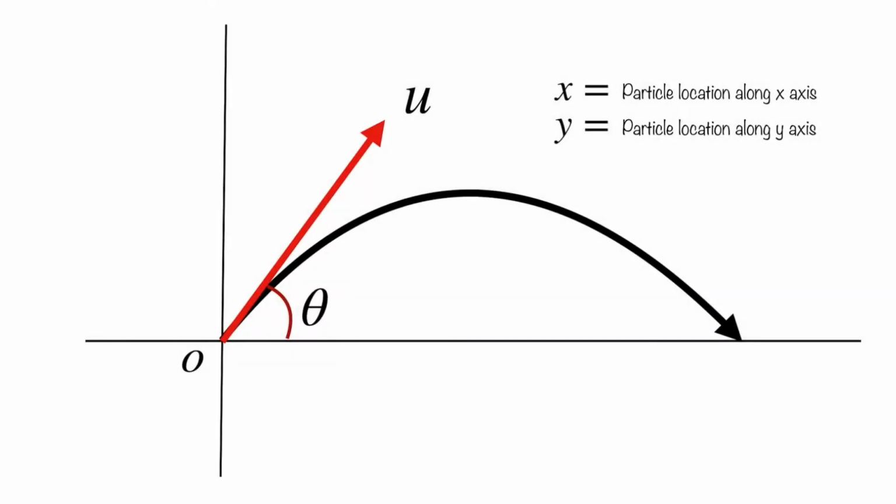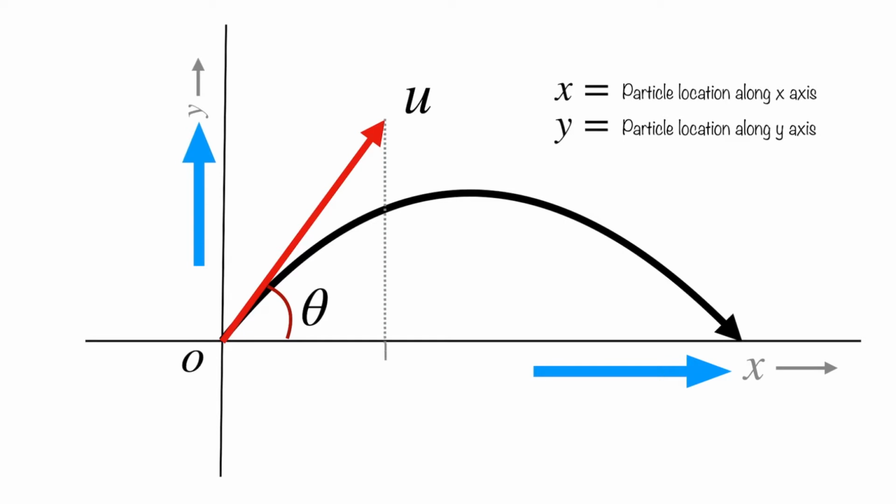Now let's consider a projectile motion. In this projectile motion, the object is thrown or projected with initial velocity u at angle theta with the horizontal. This two-dimensional projectile motion can be considered as a combination of two independent linear motions in two perpendicular directions, the x direction and the vertical direction which is the y-axis direction.